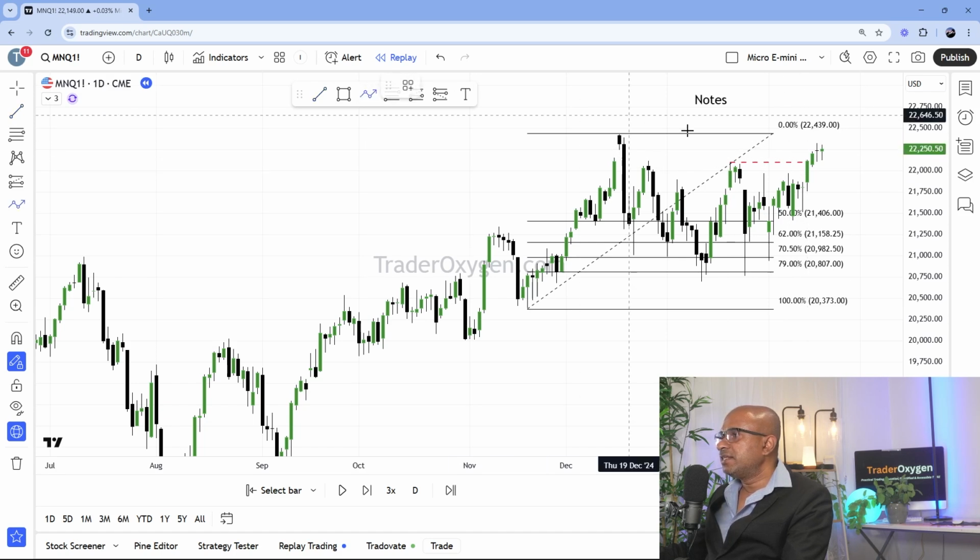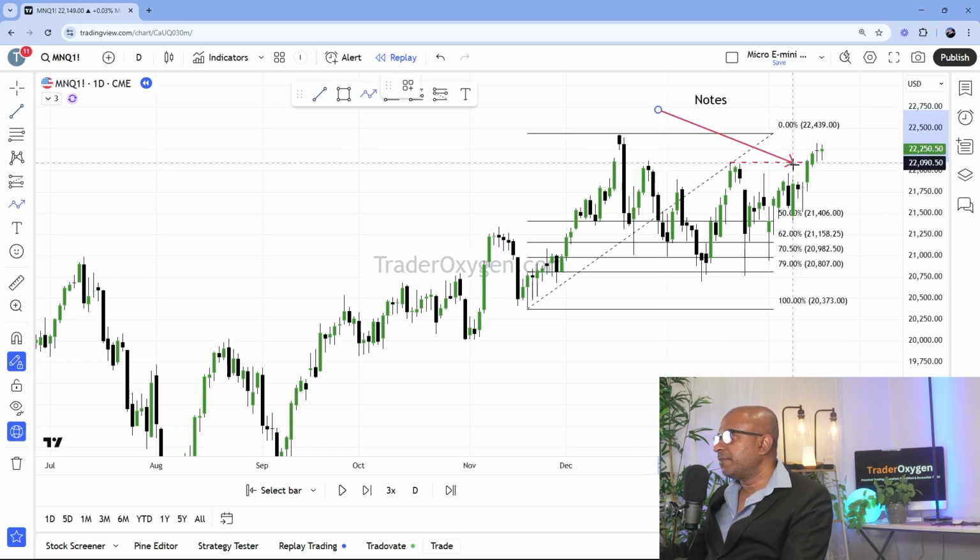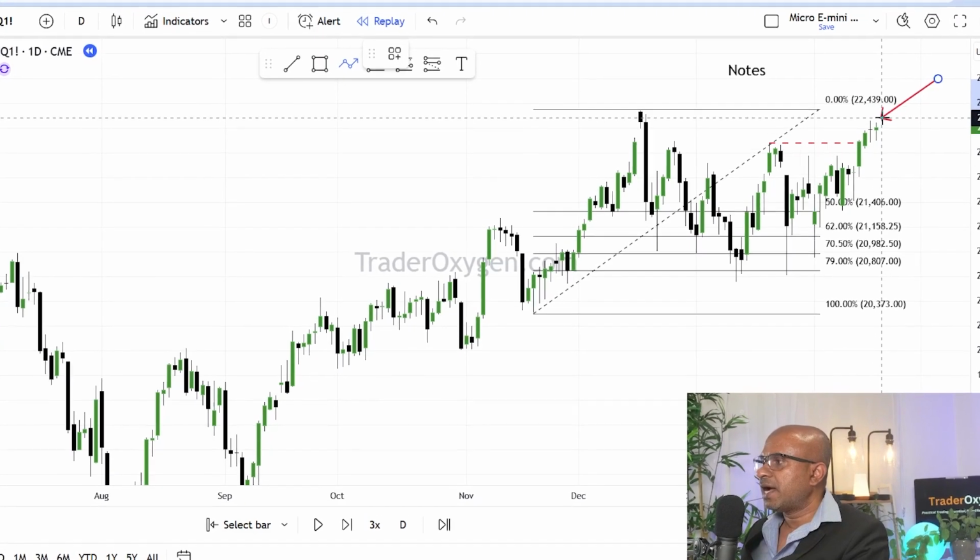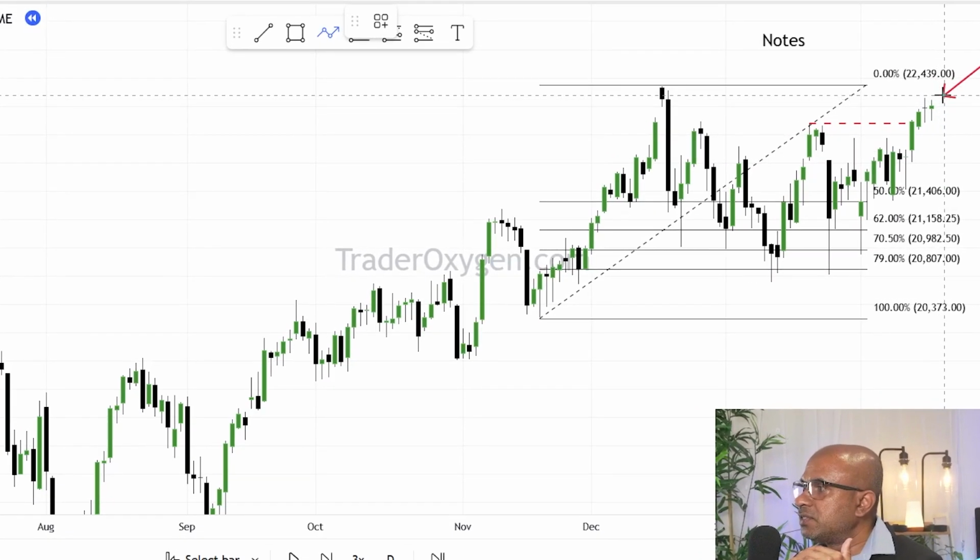But if you look at this minor break of structure, once it makes a break of structure, it's not showing a strong willingness of price going up. What we can see in these daily candles is that it's making a wick at the top. So this wick gives us some reasonable idea that the price is probably not willing to go up.